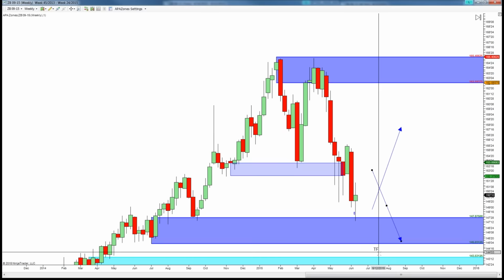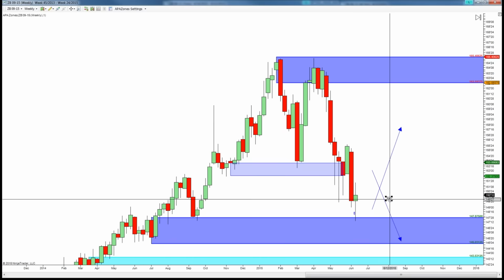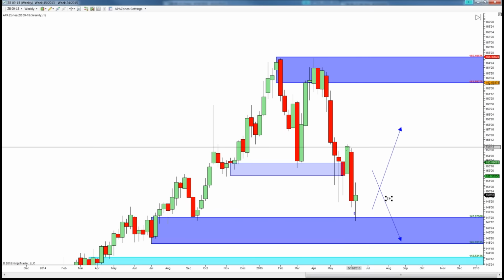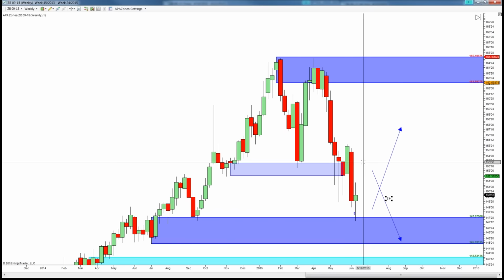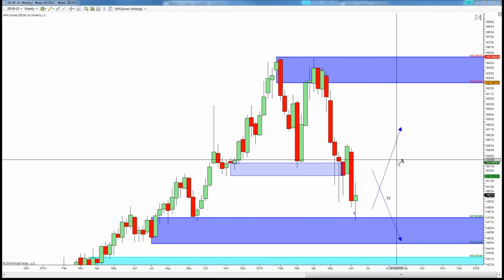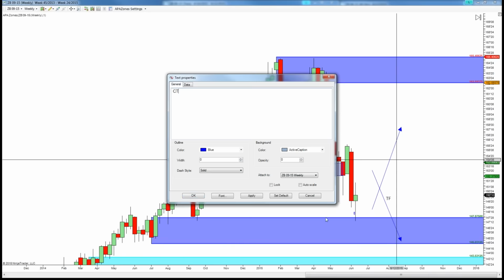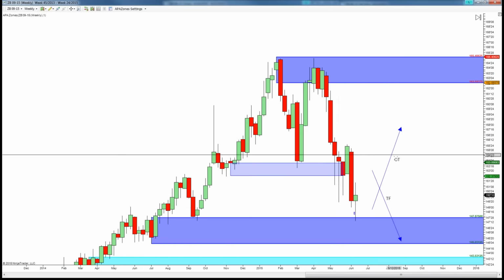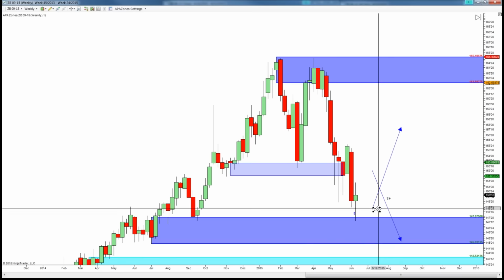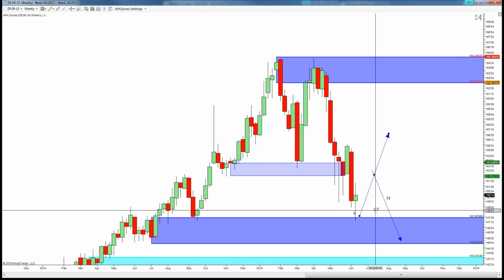But I'm going to be waiting for the TF trade to line up from some level up here, and I'm going to be waiting for the CT trade. Well, it's basically doing the CT trade right now if it bounces up, okay?